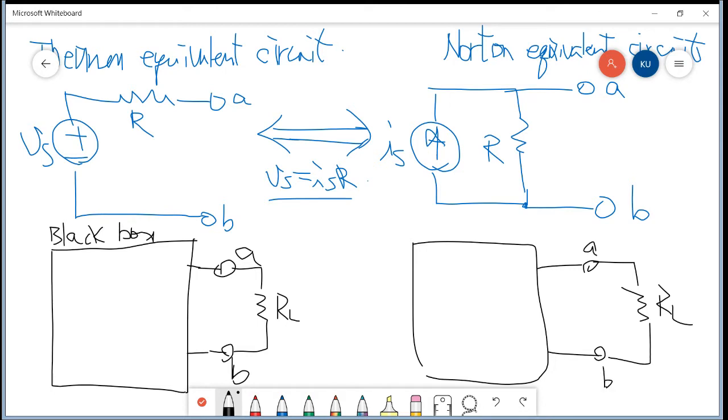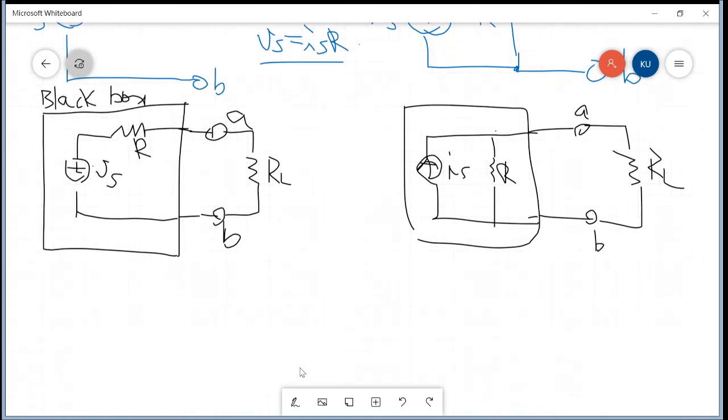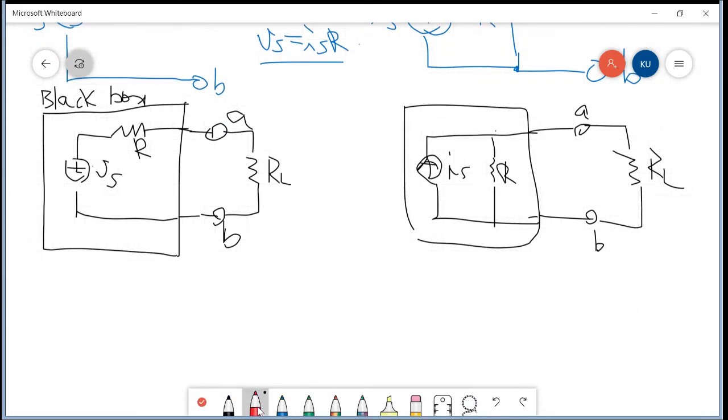So why does it look like this? We can draw it like this. We have Vs, we have R. In this case, we have Is, we have R in parallel. Okay, so we can solve this circuit as if we know what is inside.